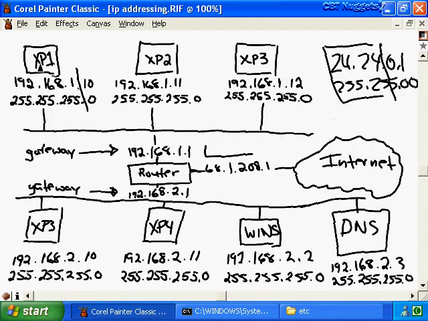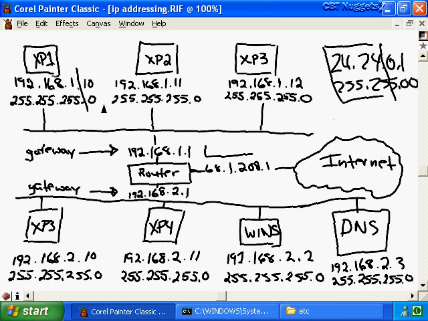Let's say, for example, the host XP1 wants to communicate with the host XP3. Well, XP1 could look in its local host file and see if there's a listing for XP3 and its associated IP address. If there's no listing for XP3 in its host file, another method that XP1 has to try to initiate communication with XP3 is by using something called a broadcast.